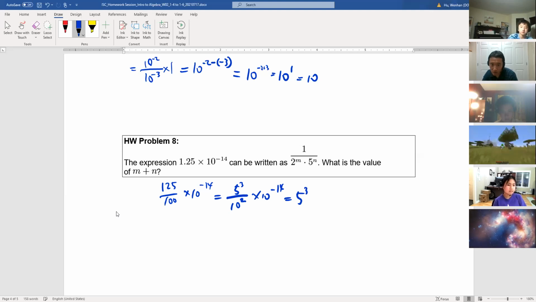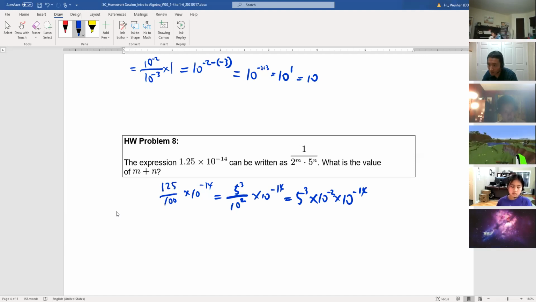We still keep the 5 to the 3rd, and then 10 would be the -2 here, right? And then 10 to the -14 here. It's in the denominator. If you want to bring the reciprocal, we need to add a negative sign in front of the exponent.